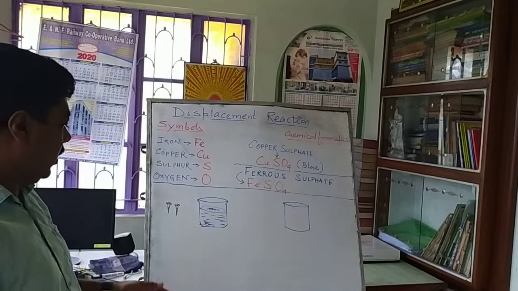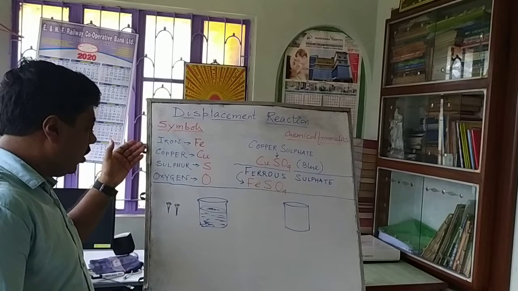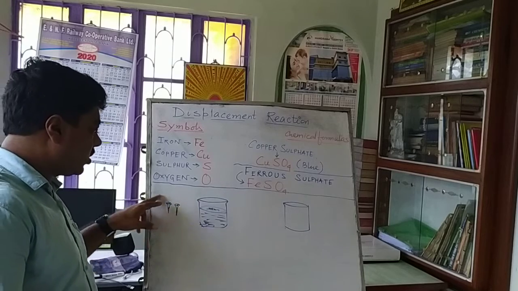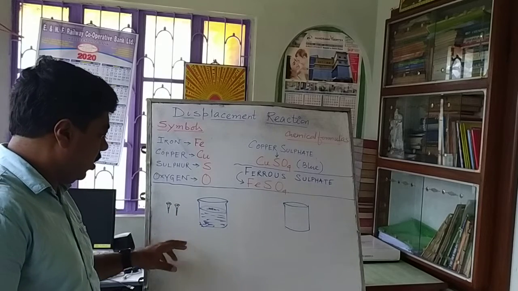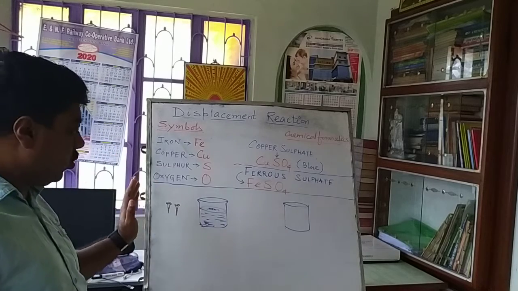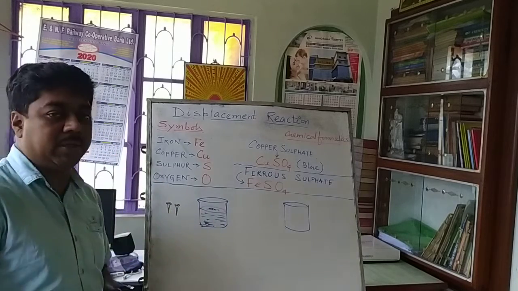For iron, we have taken iron nails, or iron screws can also be used, and we have made the copper sulfate solution.